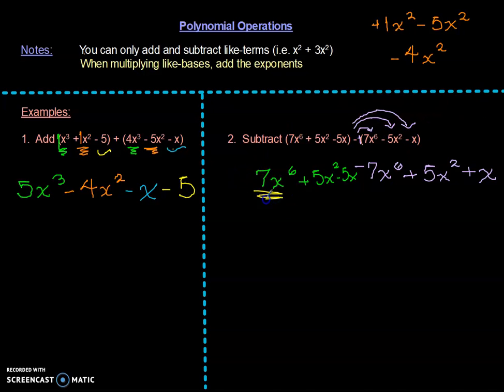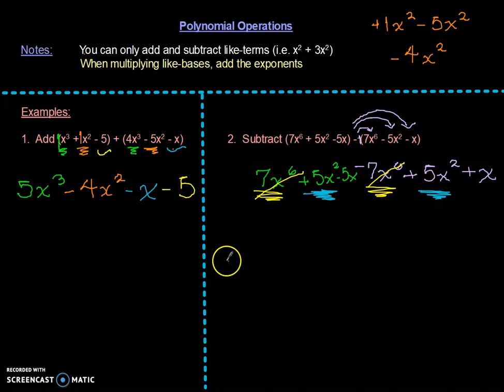First of all, 7x to the 6th power. X to the 6th power is here. And it's also 7, and it's a negative. So 7 minus 7 is 0. We're not going to write 0x to the 6th power because anything times 0 is just a 0. So we're just going to get rid of it. Now I have 5x to the second power, and here I have 5x to the second power.